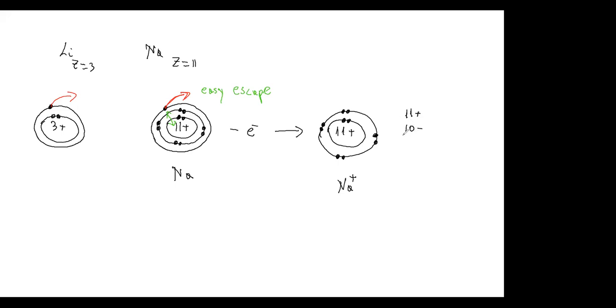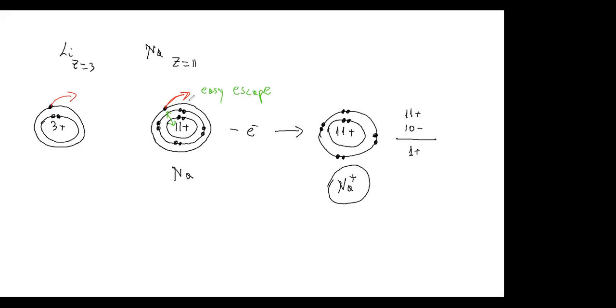Electrons are negatively charged particles. So we make the summary. We would have 1 proton more than the electrons. That's why the charge for the sodium would be sodium positive. It means that it has 1 electron less because the electron has escaped.